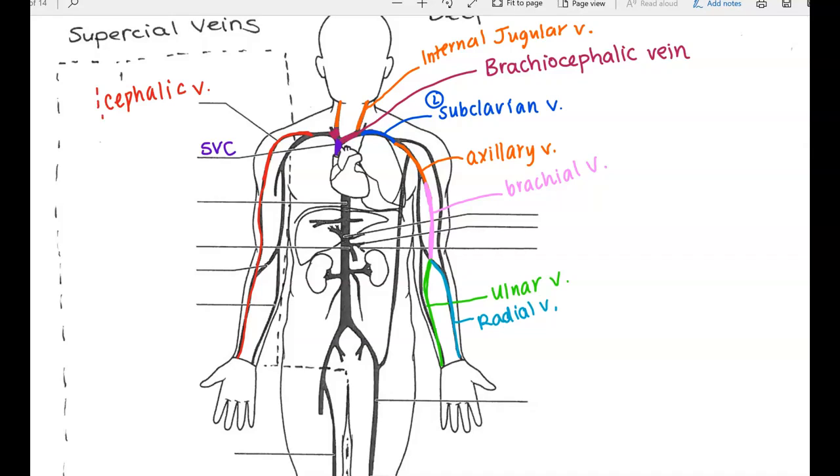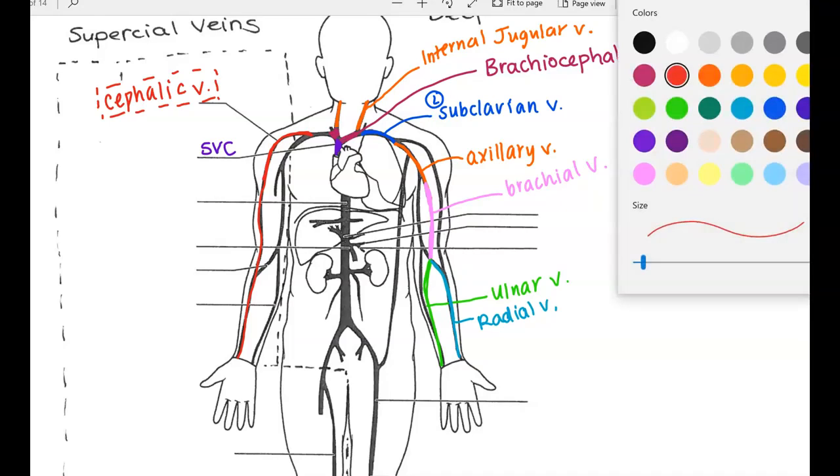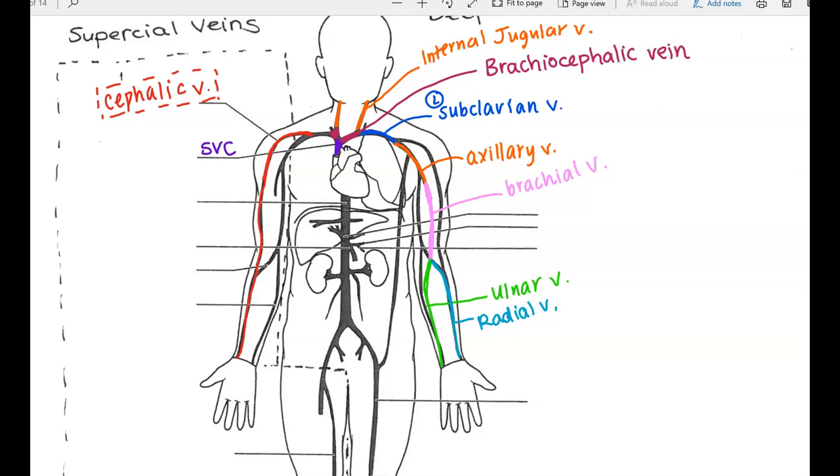I think instead of having one big box, I am just going to put a dotted box around the superficial veins here. So the other superficial vein that you will find is going to be on the medial aspect of your upper limb, and this is going to be your basilic vein.